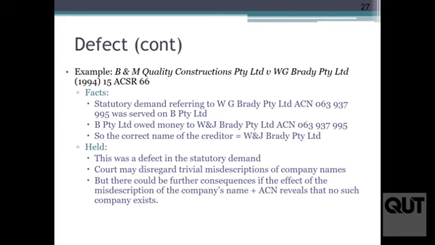So normally, if you have a situation where the ACN number, so the company number, is correct, it usually saves the creditor because it's strongly arguable that it's then a trivial defect. If the ACN number's wrong as well, then you have more difficulty and you might be able to raise that issue of substantial injustice.